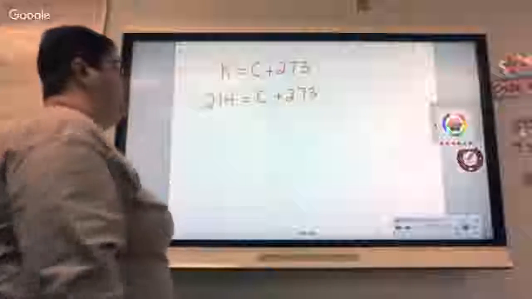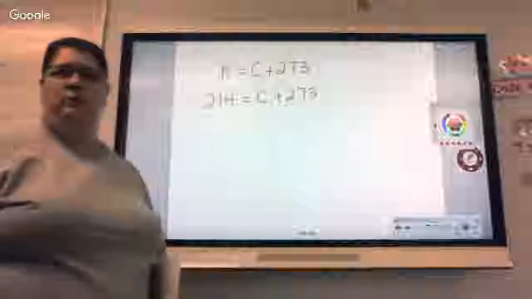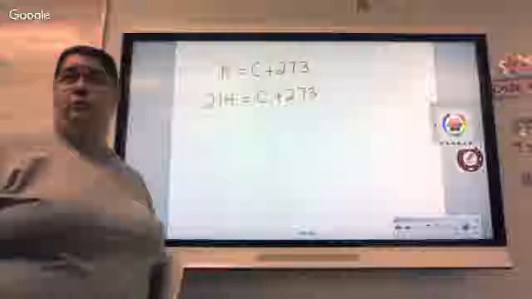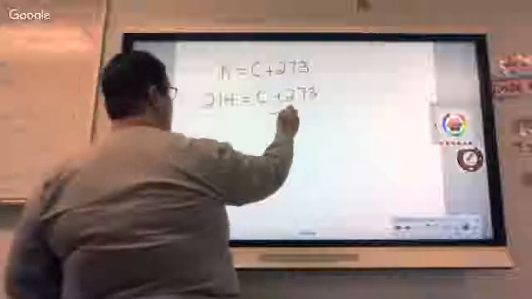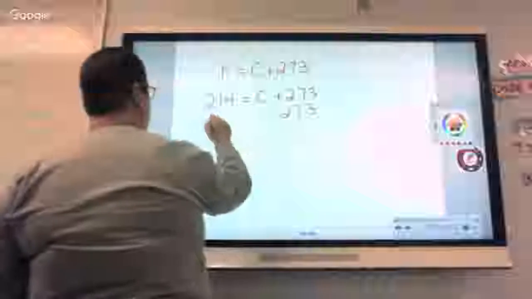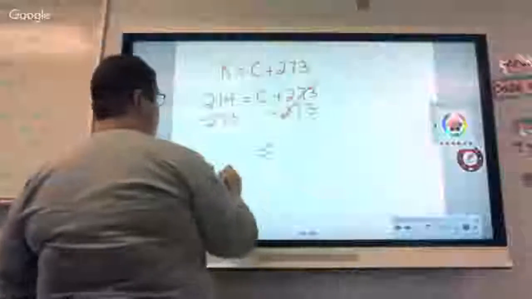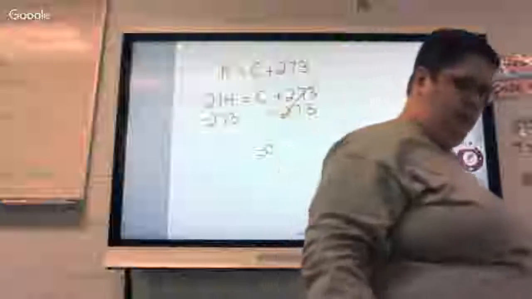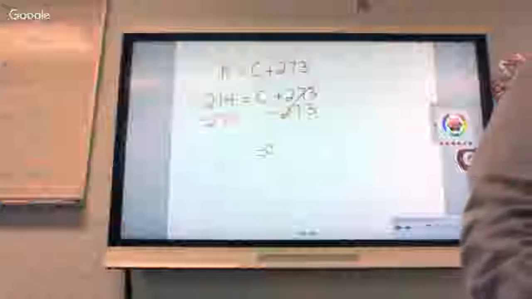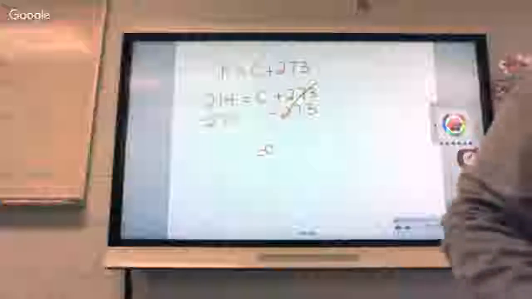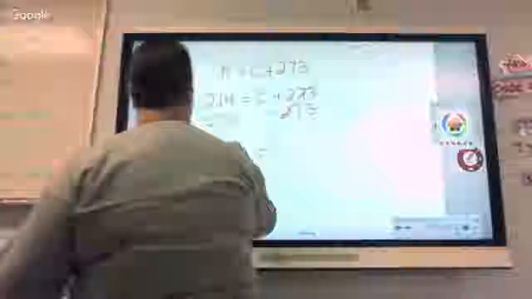So if you're trying to solve for C, what do you do? You subtract 273 on both sides. So that goes away. C equals 214 subtract 273, and you get negative 59.